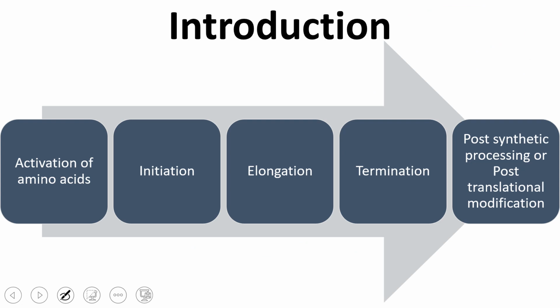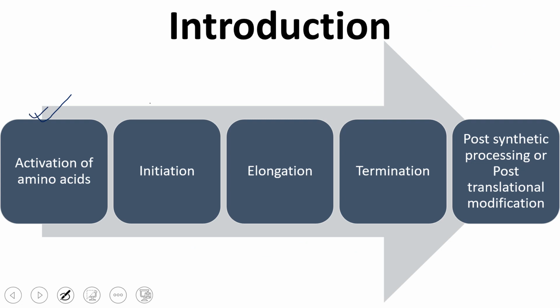The first step is called activation of amino acids, meaning amino acids do not directly go for protein synthesis. We need to activate the amino acid so that it can properly participate in the protein synthesis process, the translation process. That process is called activation.